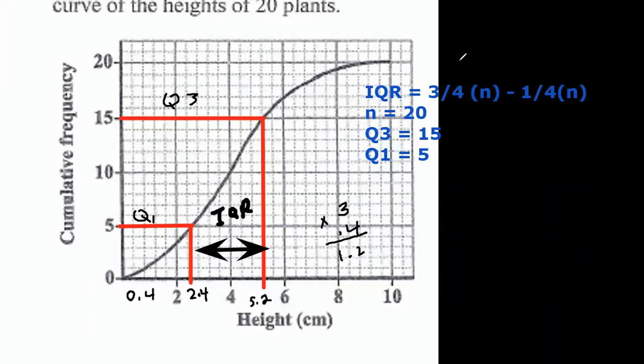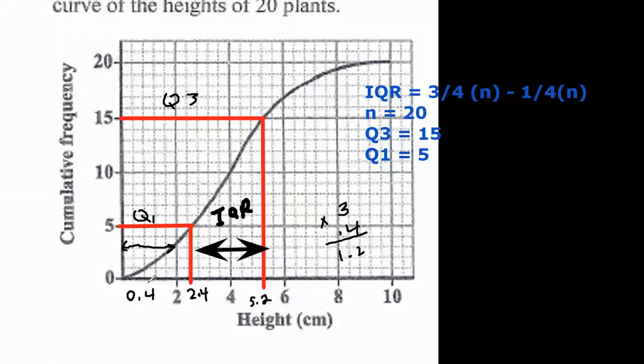Put a 1 in chat if you're following. Put an N if you're not too sure. Hey, Tanisha, yeah, I calculated the scale, right? So I realized that from here to here is going to be 2. 1, 2, 3, 4, 5 blocks, and 2 divided by 5 is going to be 0.4.